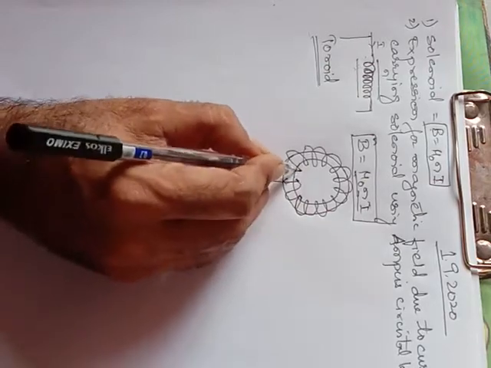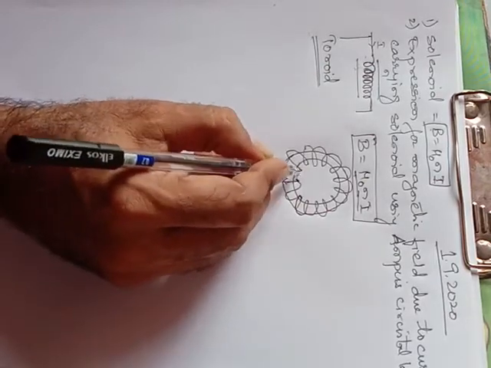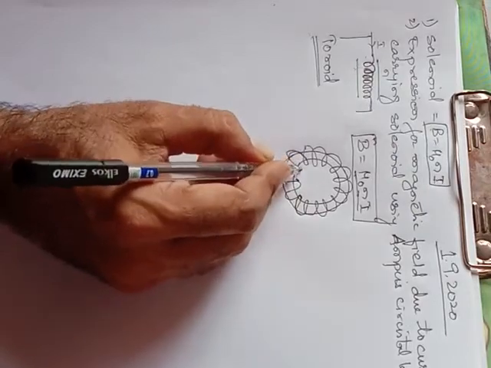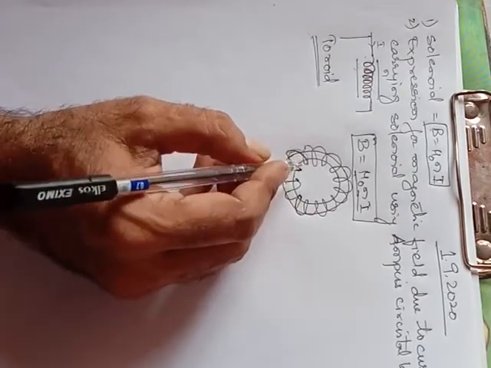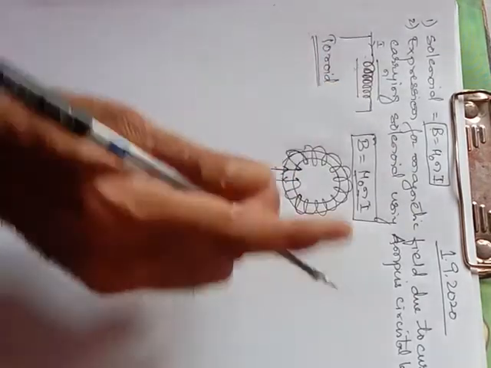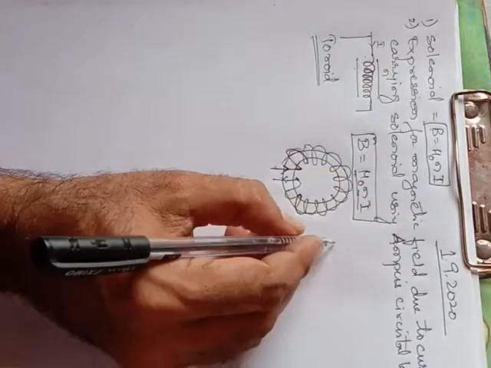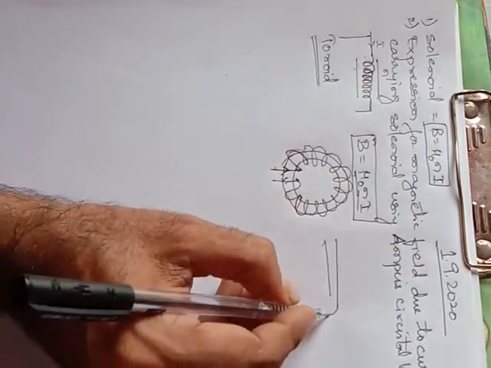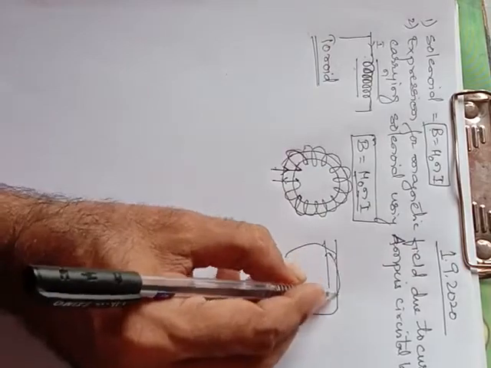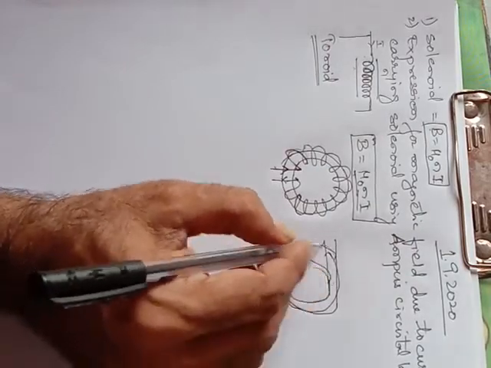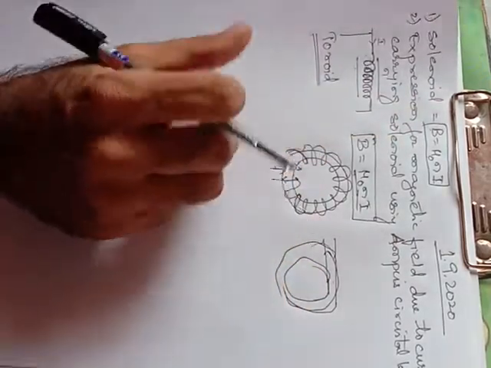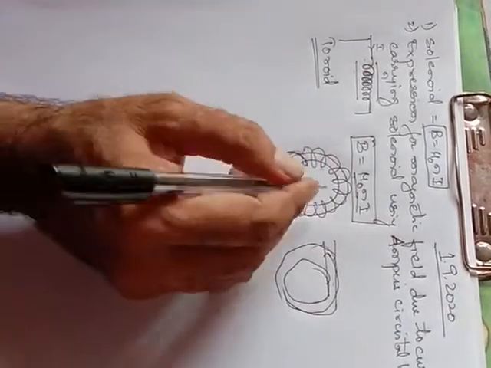The current which is flowing is in this direction, but now it is moving in a circular orbit, just like a solenoid. But now the solenoid has been bent in the form of a circular ring in this particular manner, and the current will be flowing through this.